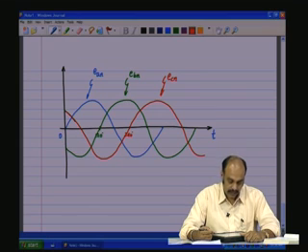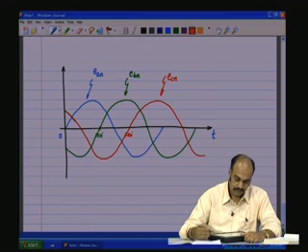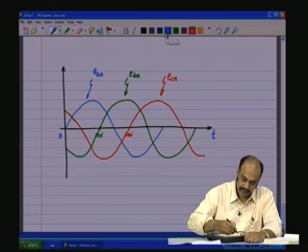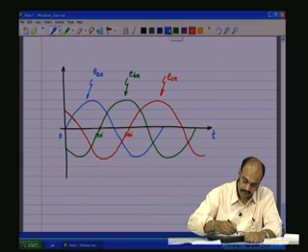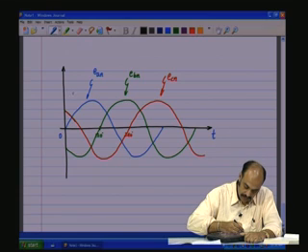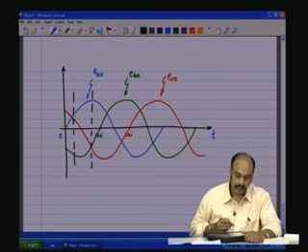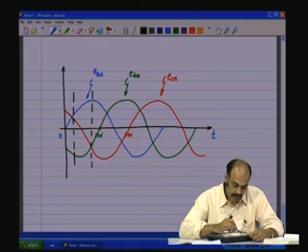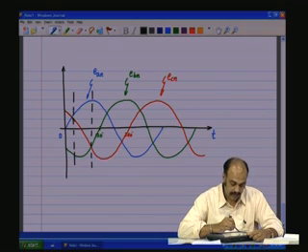So, now if we look at these waveforms, one thing that we observe is that at any section, you can take any section. At any section, this is positive, the other two are negative, and here these two are positive and the other one is negative maximum.